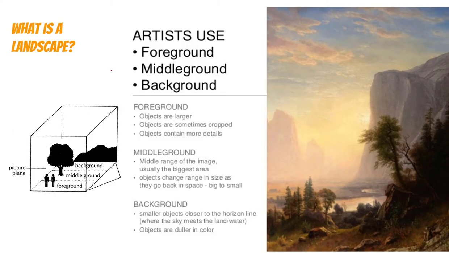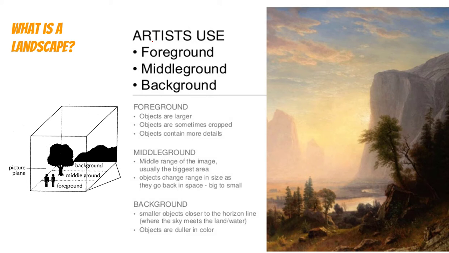All right, and what is a landscape? Well, basically, it's an outdoor scene that incorporates land, or that uses a foreground, a middle ground, and a background to increase the illusion of space, or to focus the viewer on the depth of space.